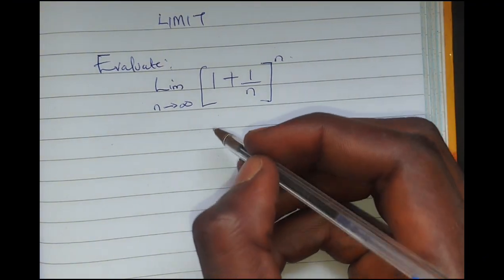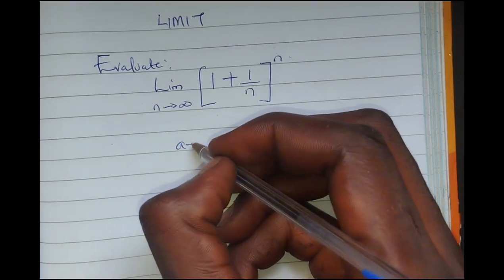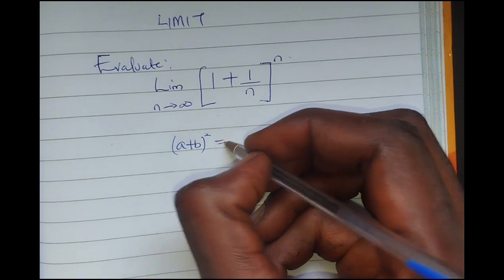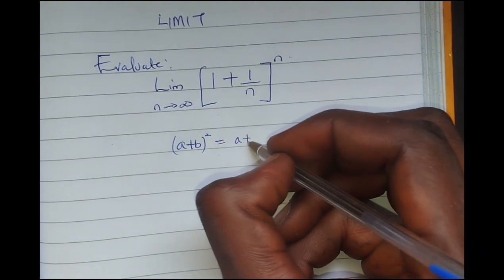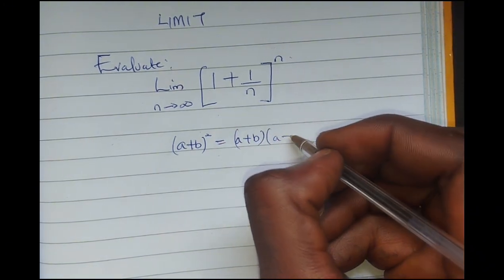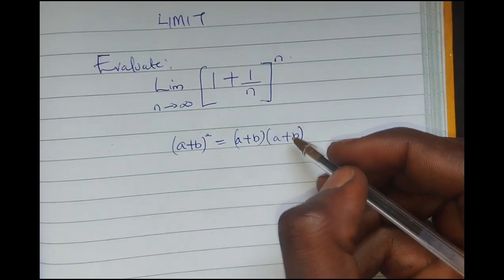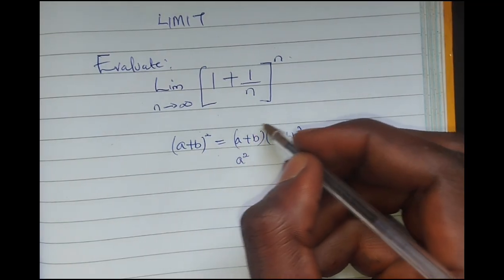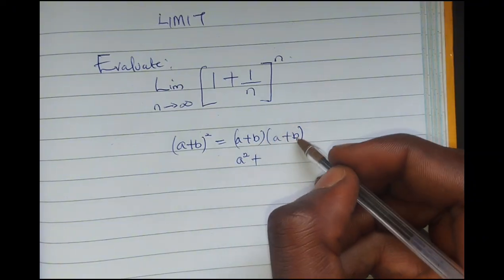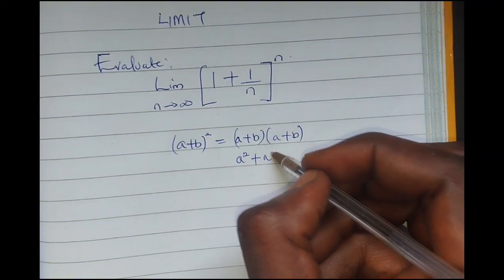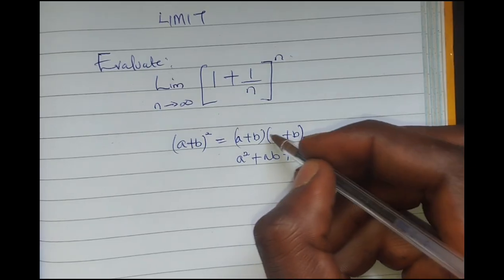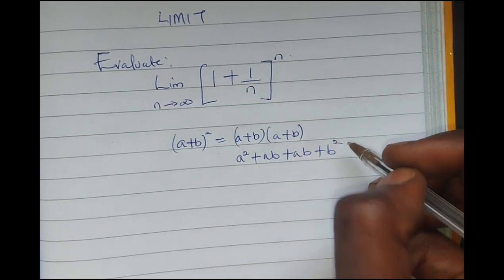Now, usually whenever we have (a + b) all to the power of 2, we can say (a + b) by (a + b), and expand by saying a squared, the first by the first, the first by the second: a times b gives us ab, b by a gives us another ab, and b by b gives us b squared.